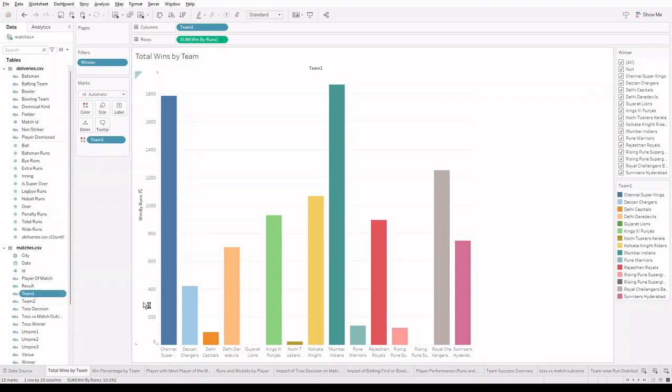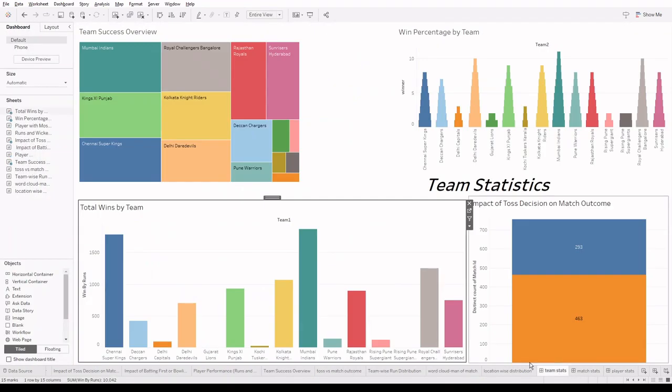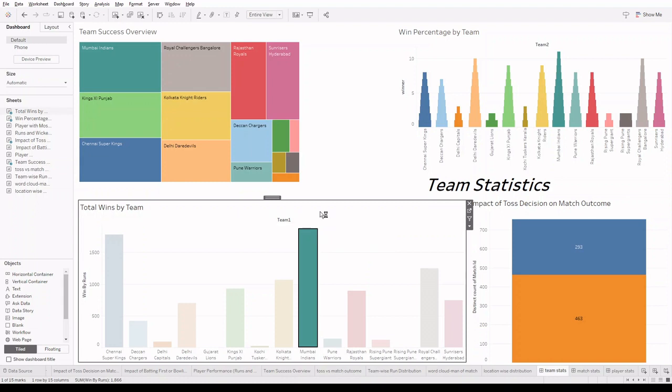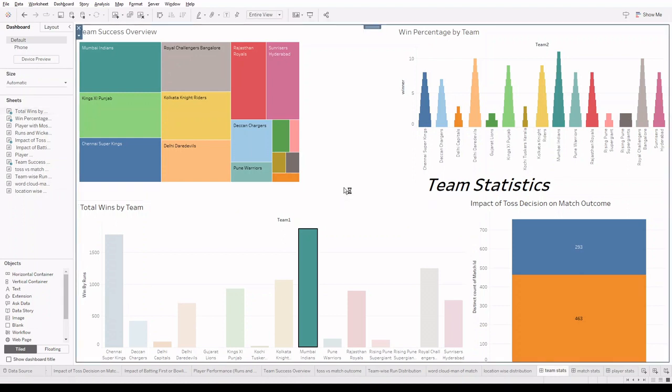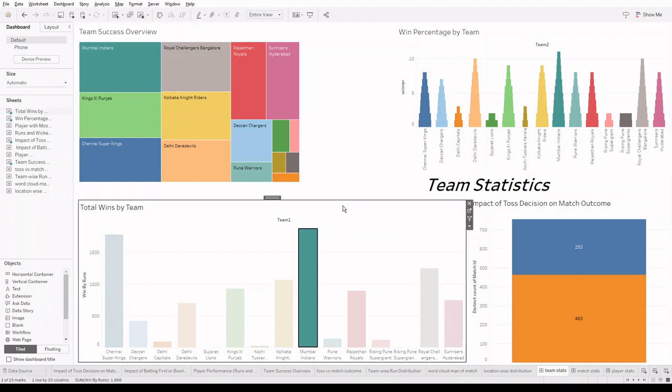Team one and team two are just two different combinations of the same team, so it doesn't matter much. Again, here Mumbai Indians is the team which has more wins than any other team. This is how statistics and dashboards like this help us.